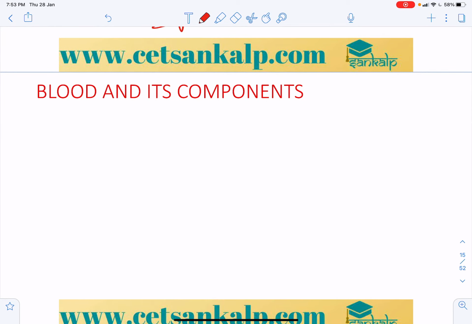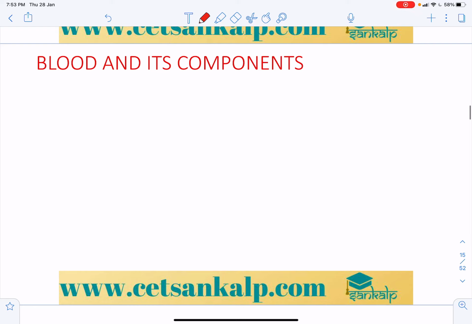Next, questions on blood and blood components are going to be asked. So what exactly is the role of RBCs? RBCs help in the transport of respiratory gases. And WBCs provide immunity.